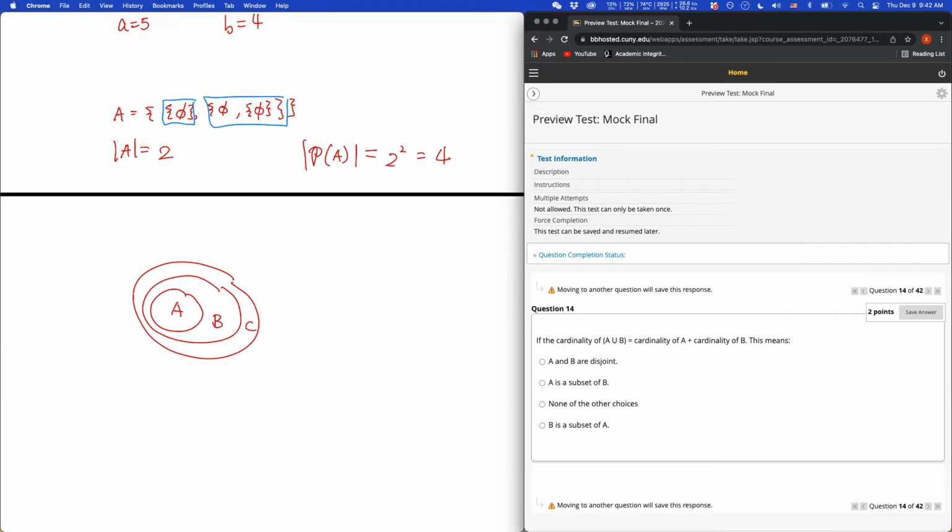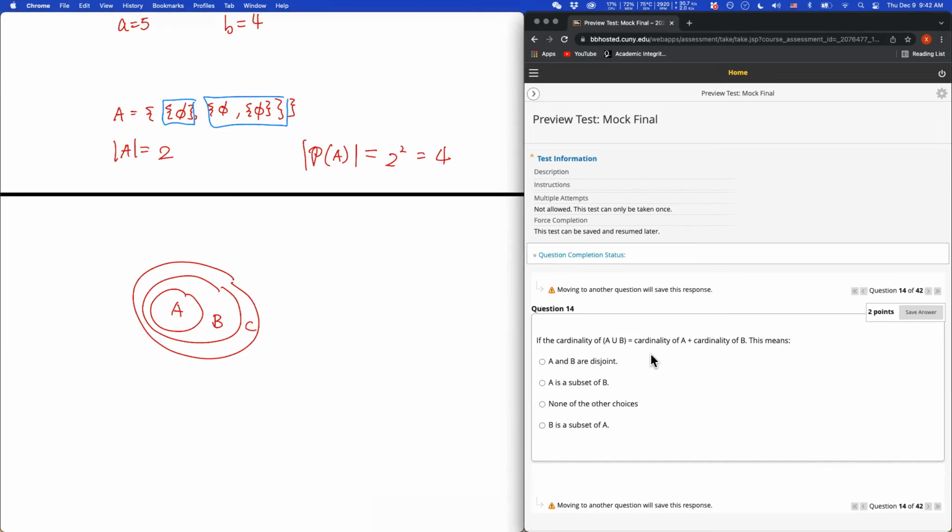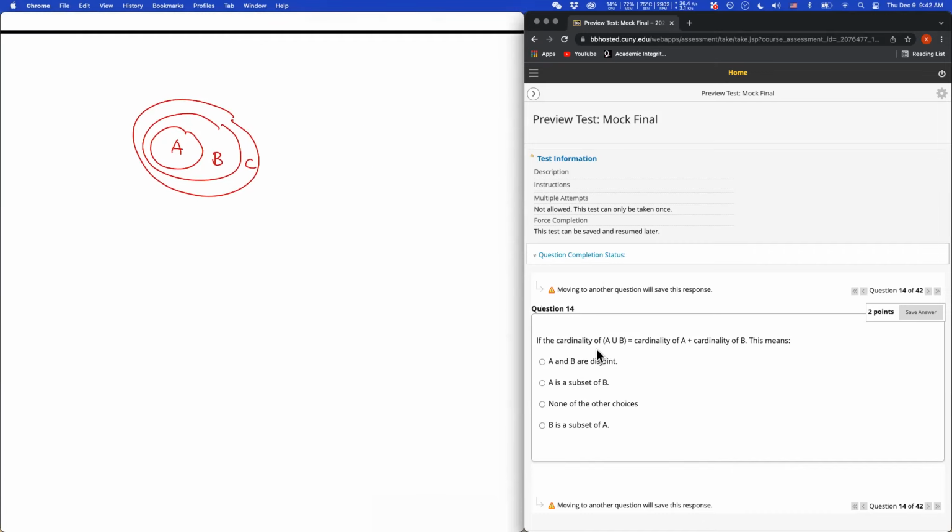Now here we have if the cardinality of A union B equals the cardinality of A plus the cardinality of B, what does it mean? Well, normally when we find the cardinality of A union B, this will equal the cardinality of A plus the cardinality of B, and we also need to subtract the overlap.